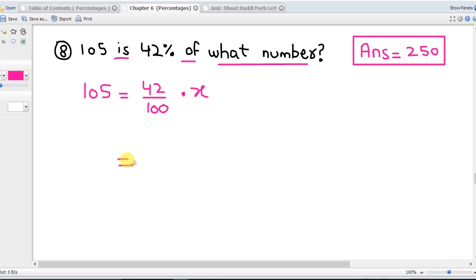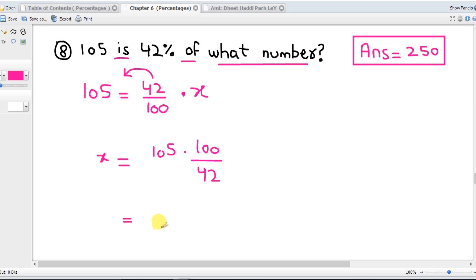So we simply need to find out the value of x, shift the extra numbers over towards the other side of the equation, so it will get switched. So this will become 105 times 100 over 42. So this is 42 over 100 on this side. So once I'm going to shift it towards the other side, it will become 100 over 42, right?